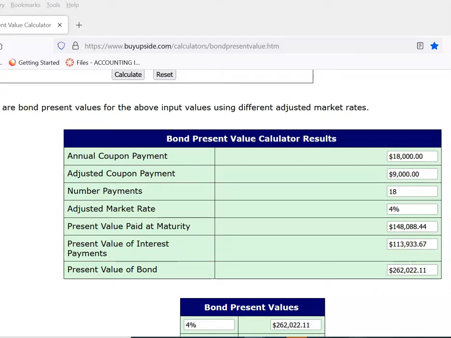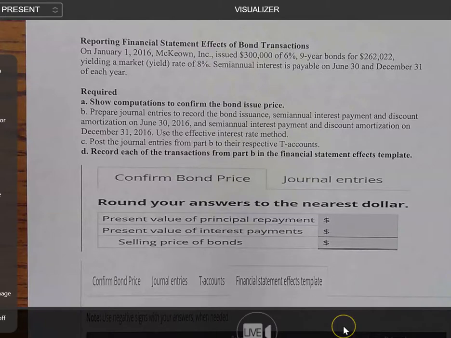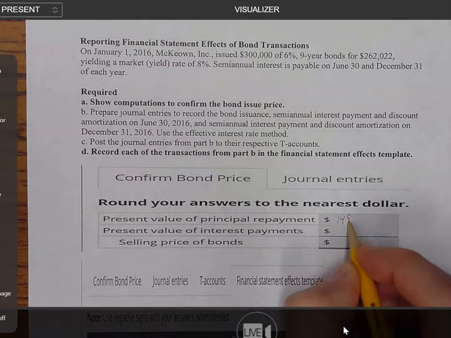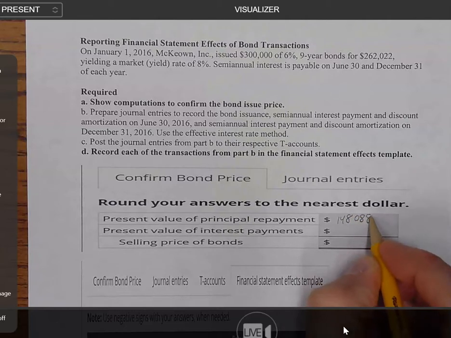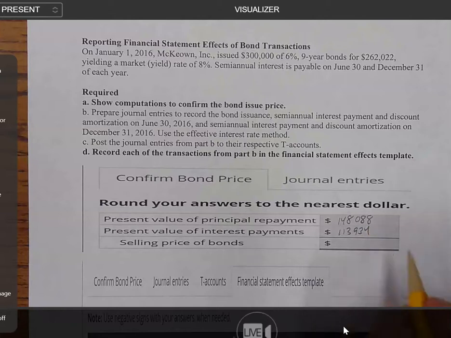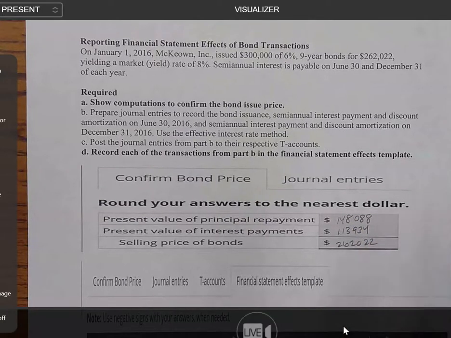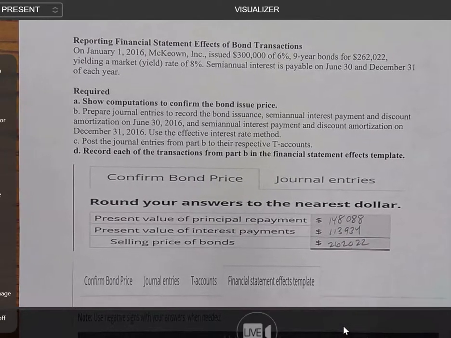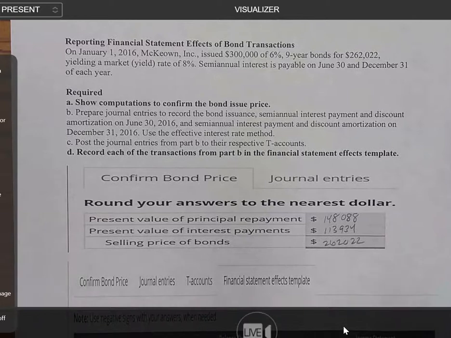So let's go back to our handout and plot those numbers in. 113,934. We could have already put this number in here, but if we add these two, we get that. So that's what we're doing there.